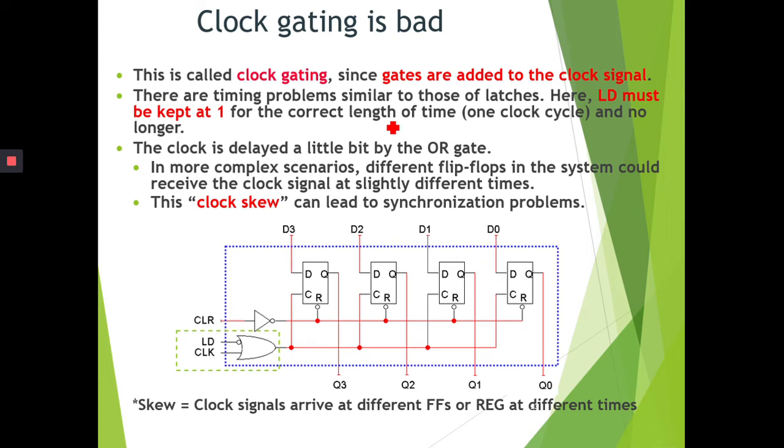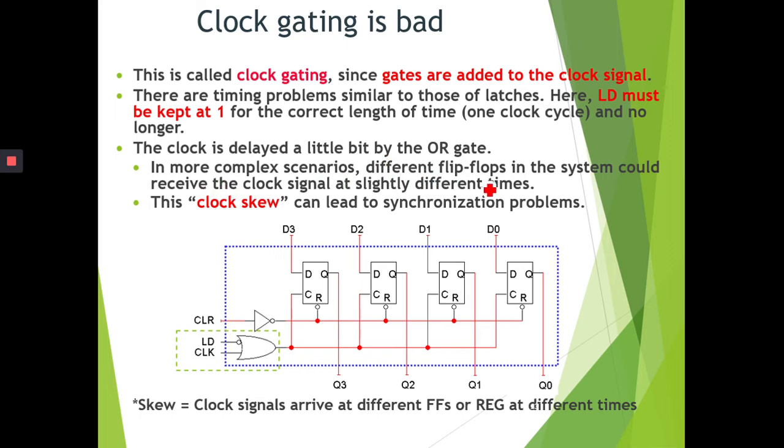Now, with clock gating, since gates are added to the clock signal, there are timing problems similar to those in earlier lectures. LD must be kept at 1 for the correct length of time and no longer. The clock is also delayed a little by the OR gate.